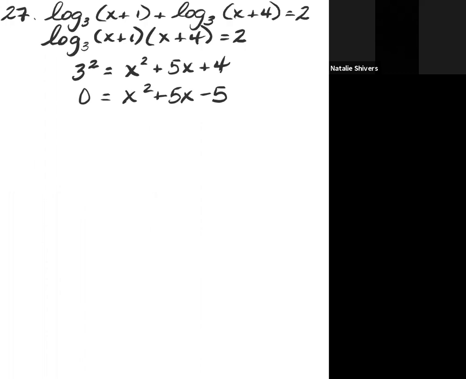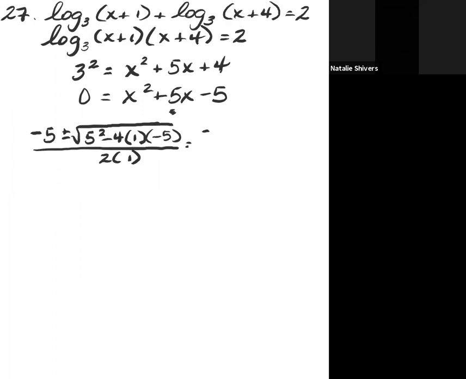Because of this odd number in the middle, I don't really like completing the square. That's totally up to you, but I'm going to do the quadratic formula. So x equals negative b plus or minus the square root of b squared minus 4 times a times c, all over 2a.